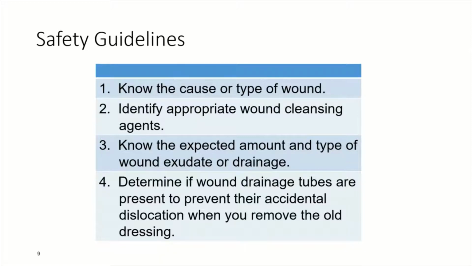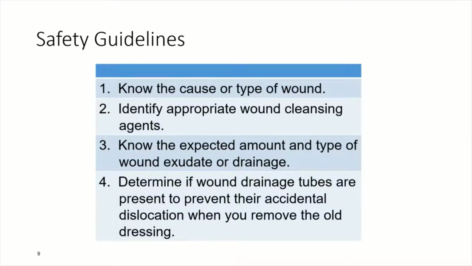Not all agents are ideal for every single situation. Know the expected amount of wound exudate or drainage. Wounds with a large amount of drainage require more frequent dressing changes or a dressing that can absorb a lot of exudate. Determine if wound drainage tubes are present to prevent their accidental dislocation when removing the old dressing.